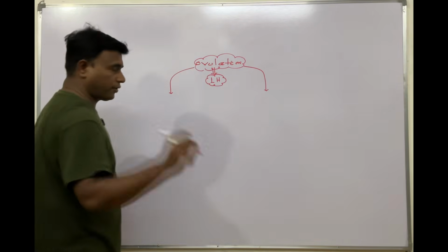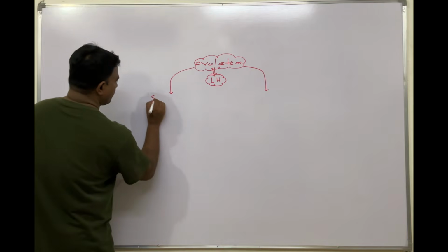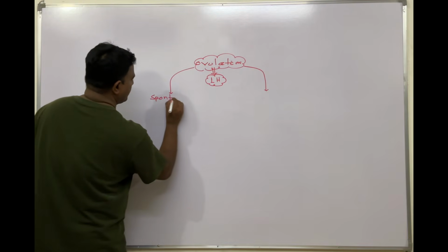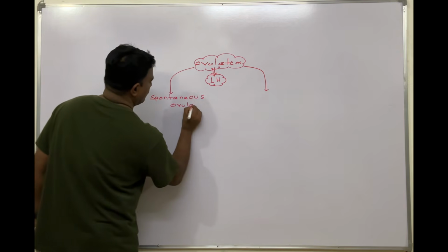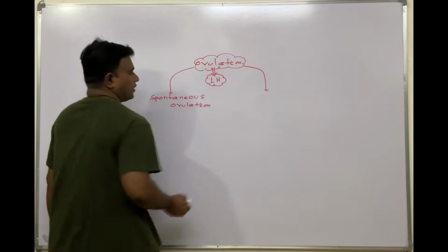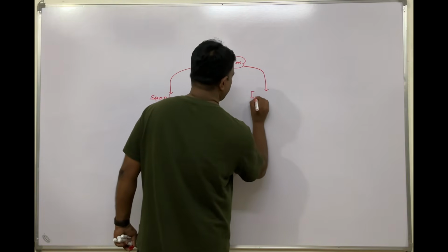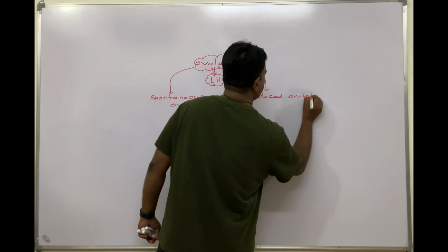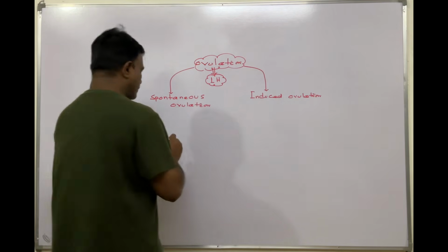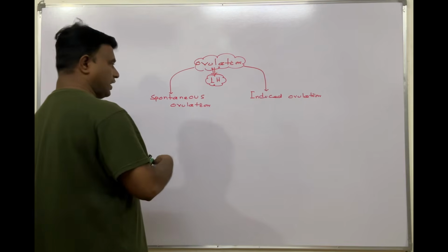This point is important. That is spontaneous ovulation, and the second one is induced ovulation. These are the two mechanisms.